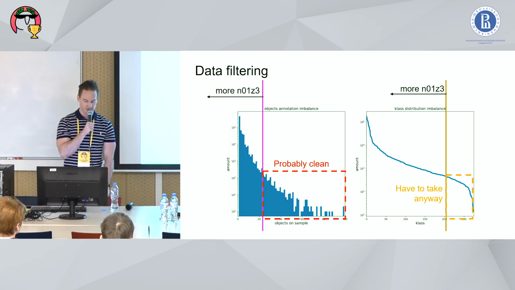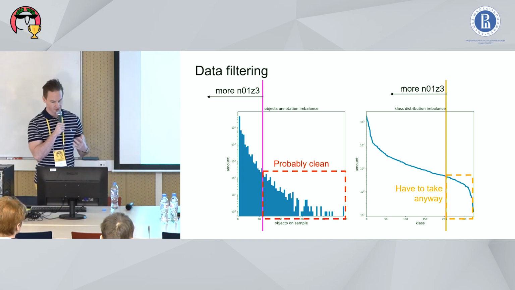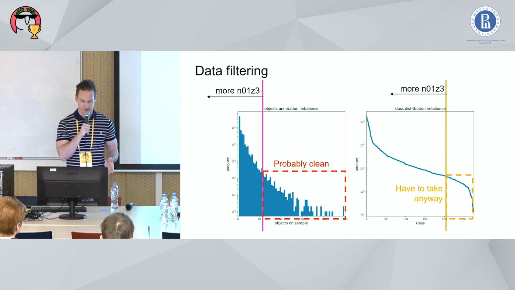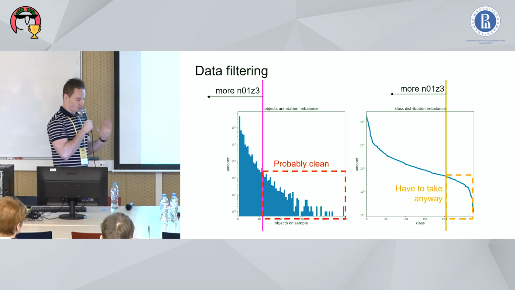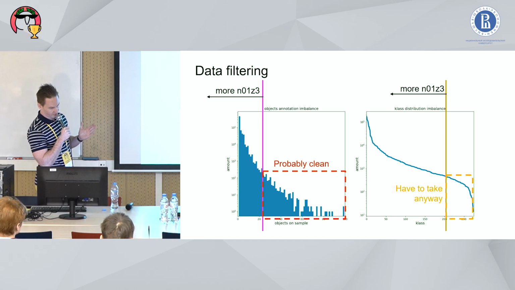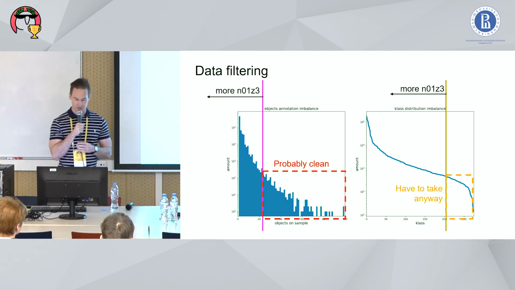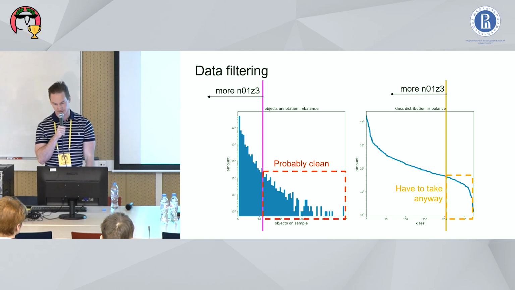It's not always true, but if you see a lot of bounding boxes, the annotator probably paid more attention and spent more time annotating these samples. So if we take a threshold for the count of objects in the images and take samples with more objects than this threshold, it will be cleaner than the whole dataset.